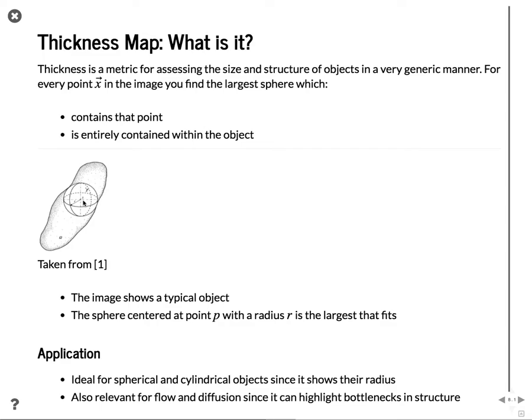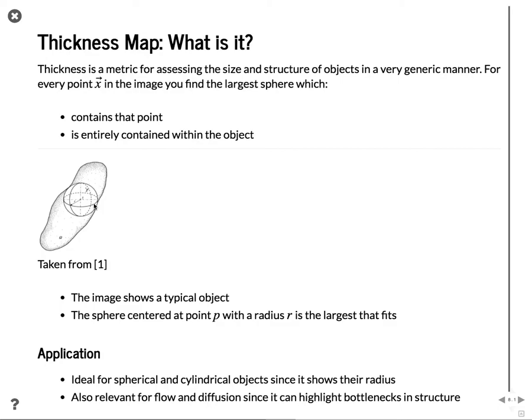And so what this has as a primary difference is that rather than just looking at the middle point, you look at all the points. And so this point also can have a sphere inside it that fits, that has the same radius. And so basically any point in this sphere would also have that value for the thickness at that point.